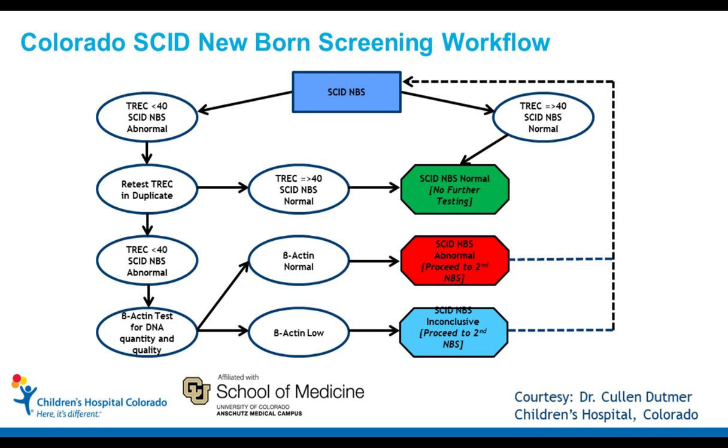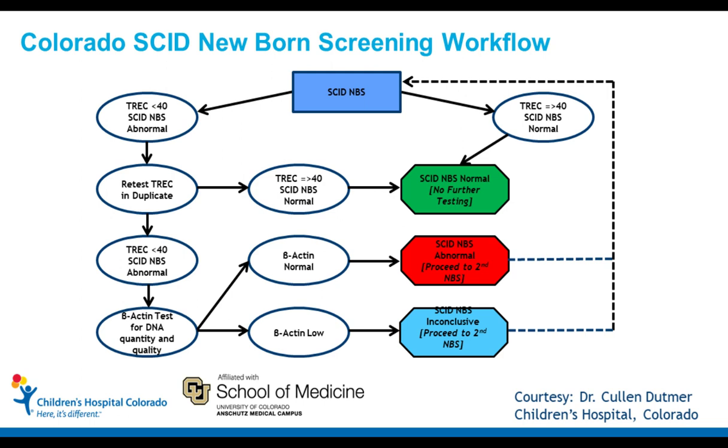If the TRECs are less than 40, then this is considered an abnormal screen, and the test is repeated in duplicate. If the retest has a result of greater than 40 TRECs, then we consider this to be a normal test and no further screening is required. However, if the TRECs are less than 40, this is considered to be an abnormal test, but at that point it is really important to look at the beta-actin level for the integrity of the DNA.